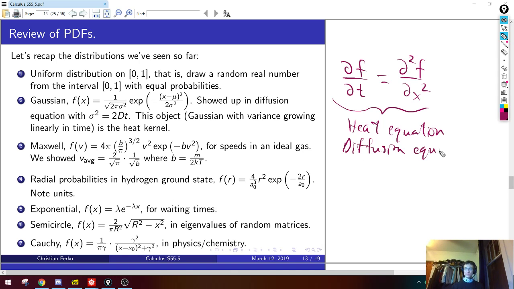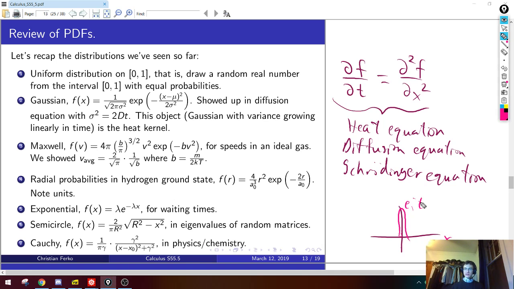This is also what happens for the free Schrödinger equation in quantum mechanics. So this is simply the statement that if you take the wave function for some particle like an electron, and you start the electron very close to the origin at time 0, and then you wait some time, the probability distribution for the electron is also going to spread out so that it becomes this wide Gaussian at later times.